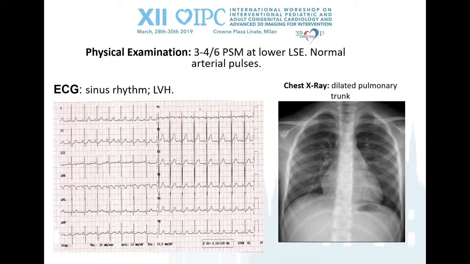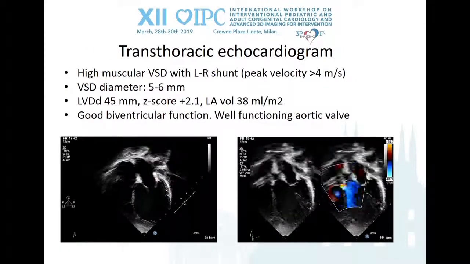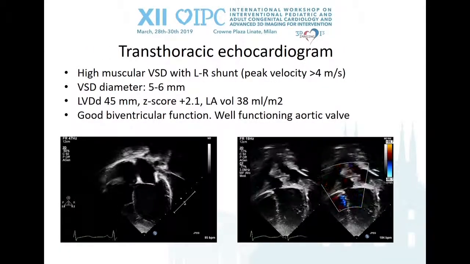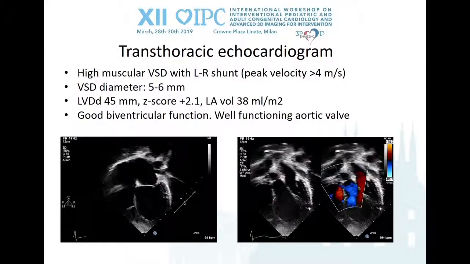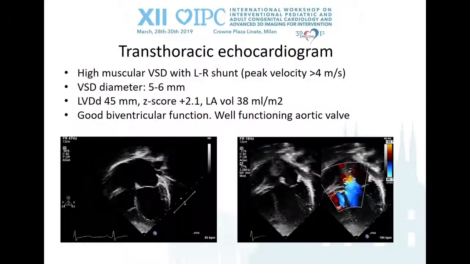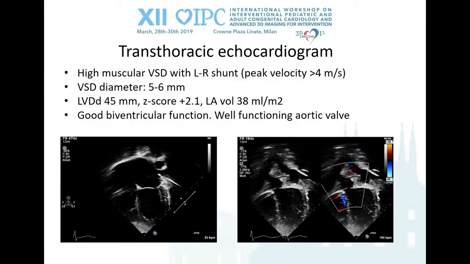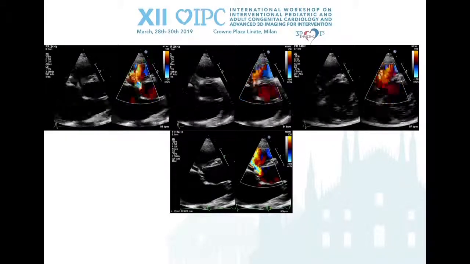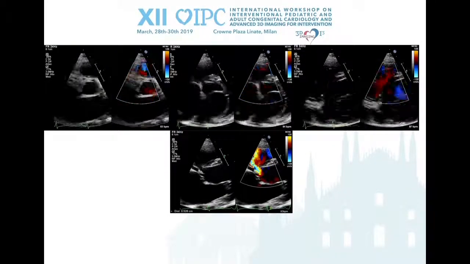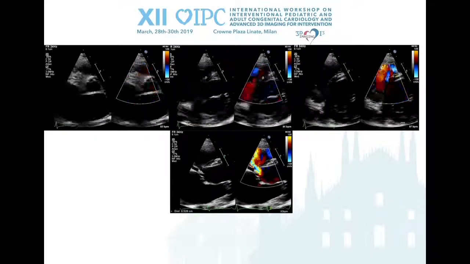Chest X-ray shows just a mild dilation of the pulmonary trunk. On the transthoracic echo, we show a high muscular or perimembranous VSD with a diameter of about 5 millimeters, a high velocity left to right shunt, and a mild dilation of the left chambers.